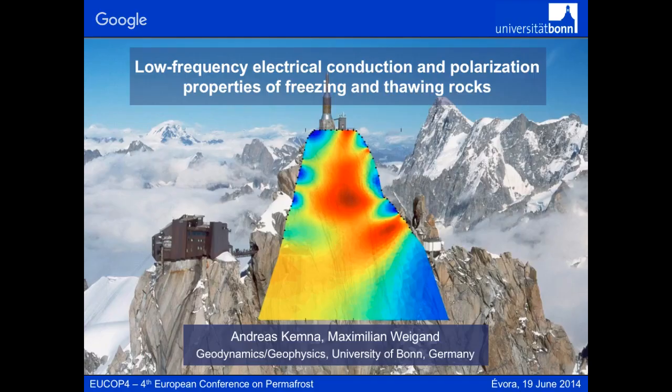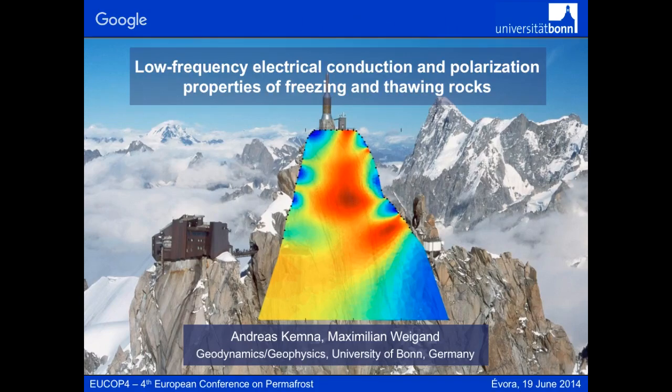This shows the Aiguille du Midi, almost 4,000 meters high granite peak, where this is a resistivity image that was computed based on data that were collected. You see here the black dots, that's the electrodes, and alpine specialists helped us with the installation, but it's a real image.